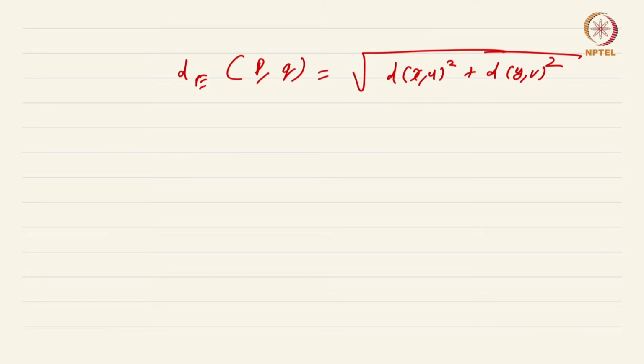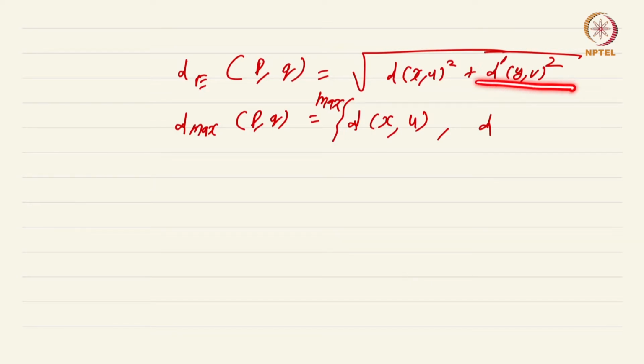The second one, d_max of (p, q), is just the maximum of d of (x, u) comma d prime of (y, v). Here again it should be d prime, so just note that there was a small mistake.